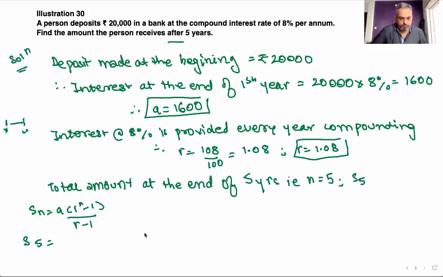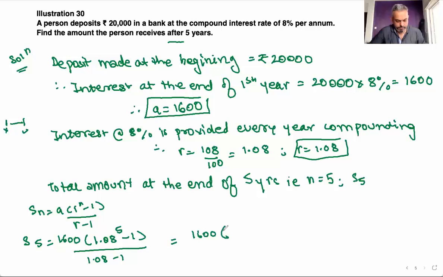S5 is equal to A, which is now 1600, into 1.08 raised to 5 minus 1 upon R minus 1, which is equal to, let's check it out, 1600 into 1.08, 2, 3, 4, 5, minus 1 is equal to 0.46932 something, upon 0.08, which is equal to 1600 divided by 0.08 times that, which is equal to 9386.56.